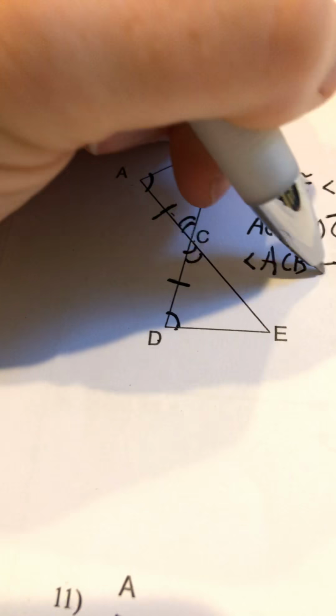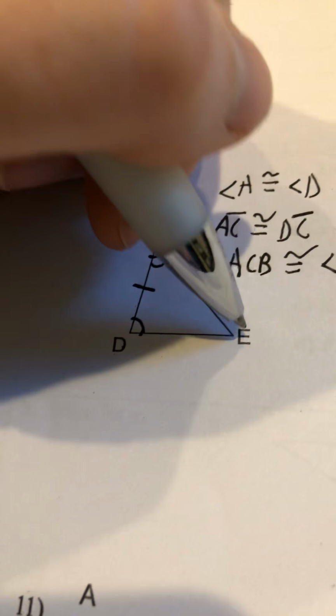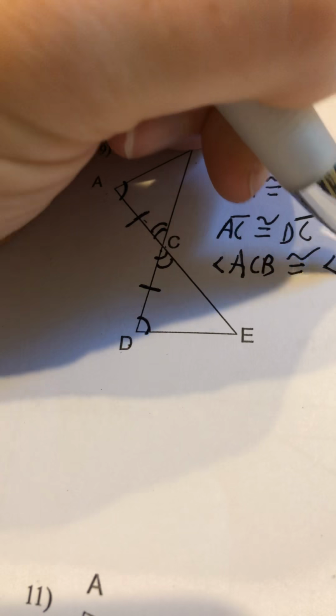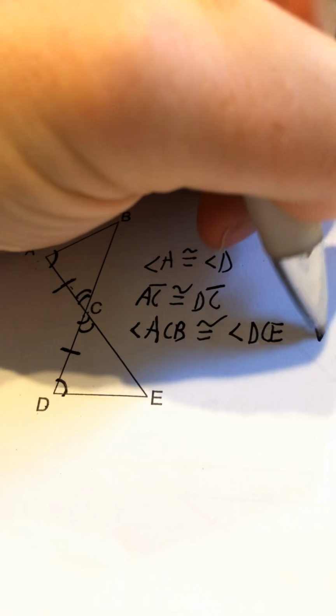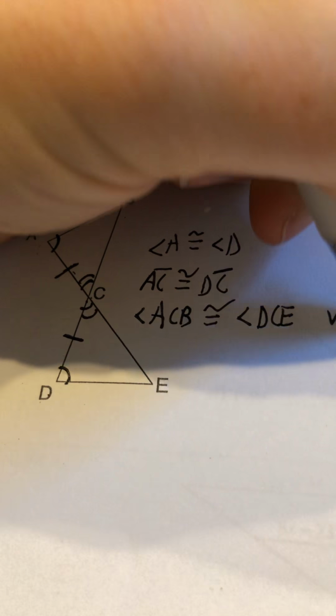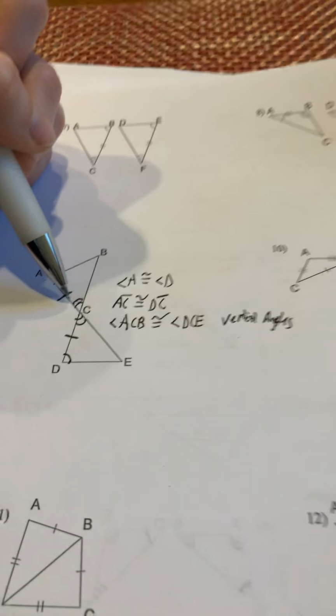And then it's congruent to angle DCE. Okay? And that's just vertical angles. I'm going to write that in because we wrote this in here.